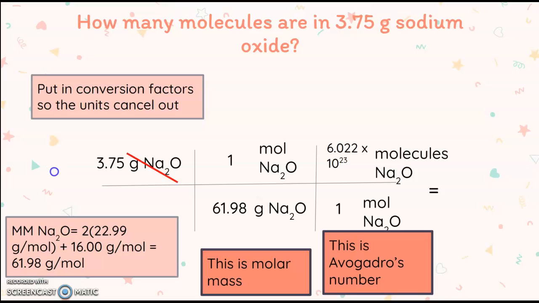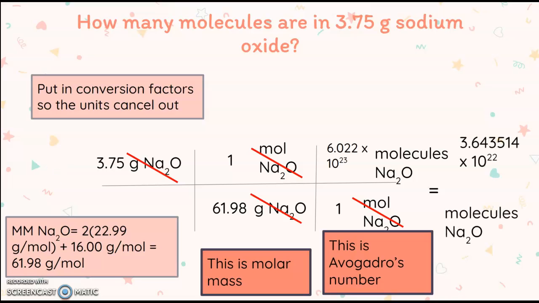And then just like before, we're going to make sure that our units cancel out and that we are left with molecules. Then we can multiply everything that's on top, divide everything that's on the bottom, and you should get 3.643514 times 10 to the 22nd. If you have a calculator that has an EE button, I highly recommend using it to calculate.